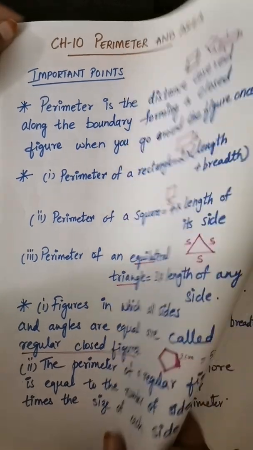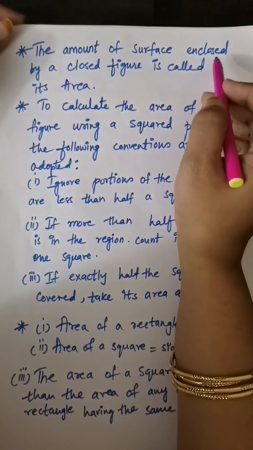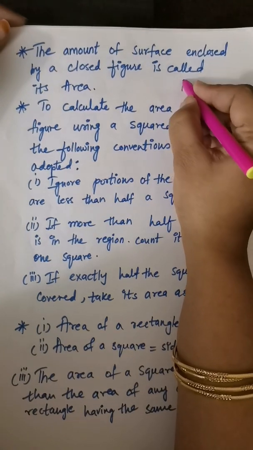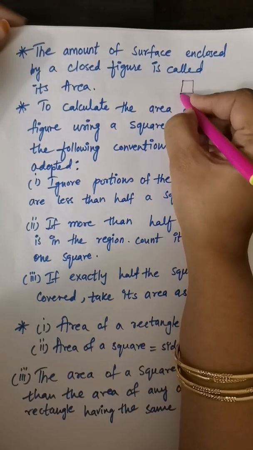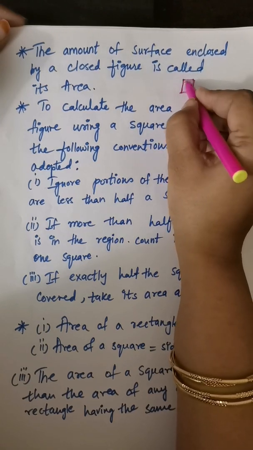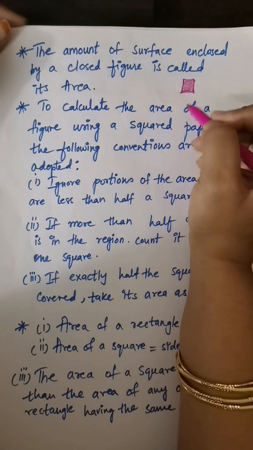Next. What do you mean by area? The amount of surface enclosed by a closed figure is called its area. Now this is a square. This is the boundary, this is the perimeter. Area is the surface enclosed by the closed figure. This is the area of this square.